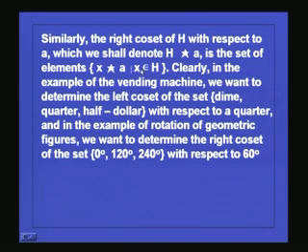So, if you look at the example you considered in the case of a vending machine, first you deposited a quarter and then you wanted to know the result when you deposited a dime, quarter or half dollar. In essence you are finding the left coset of the set {dime, quarter, half dollar} with respect to a quarter.